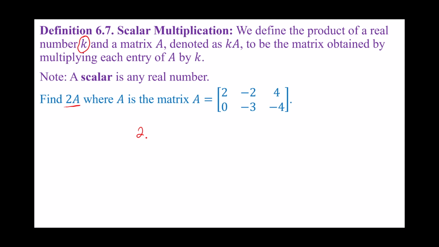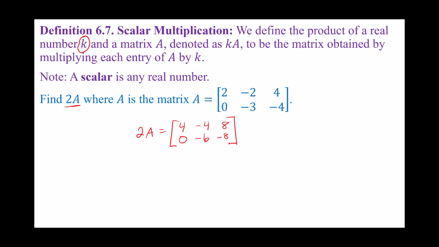So 2A would mean that we're going to multiply all the entries by 2. So the first row, 2 times 2 is 4, 2 times -2 is -4, and 2 times 4 is 8. Second row, 2 times 0 is 0, 2 times -3 is -6, and 2 times -4 is -8.